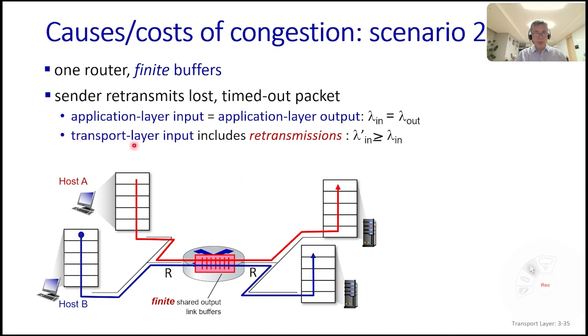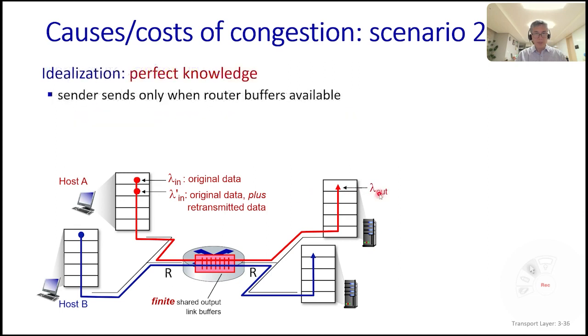In that case, the transport layer input is greater than the application layer input, because retransmitted packets occur, right? So the original data plus retransmitted data can be delivered. That's why the rate is greater than or equal to the original. Output is the same.